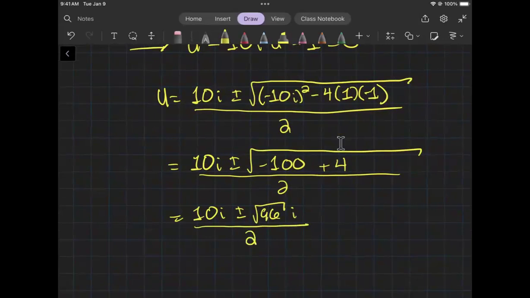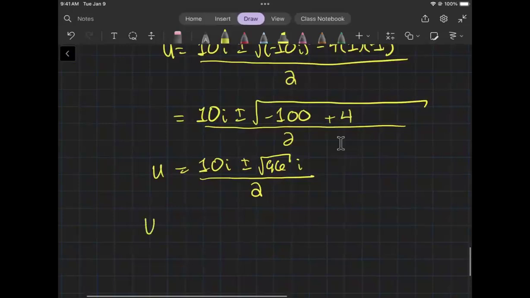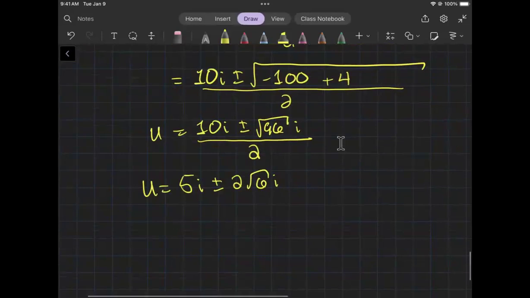Okay. And so u is equal to 5i plus or minus 2 times root 6 i. So we'll have two distinct values for u.